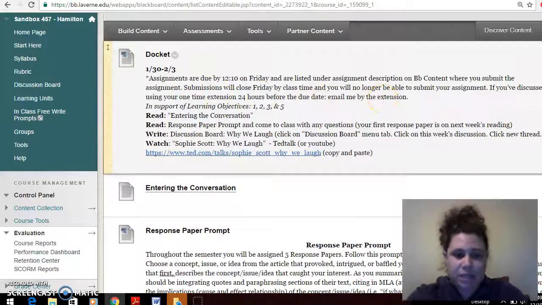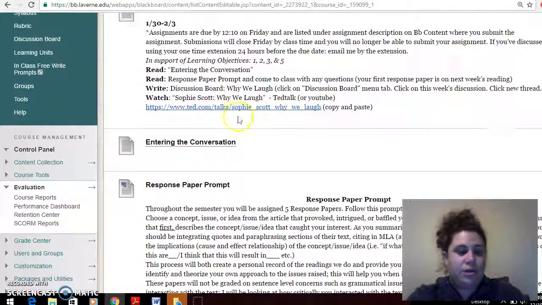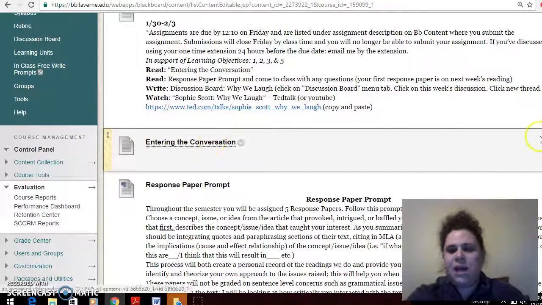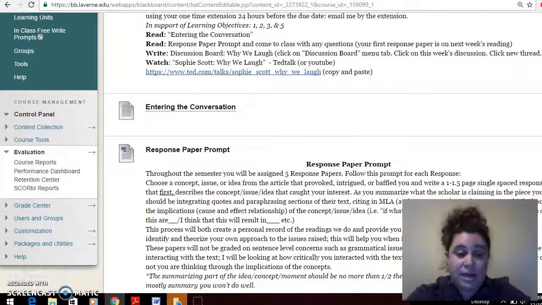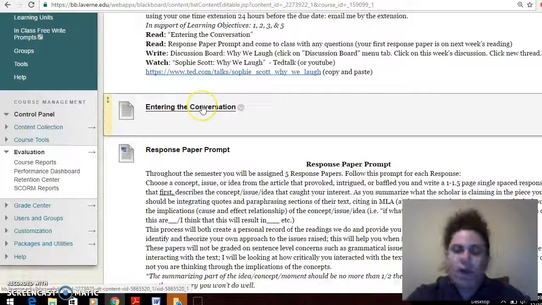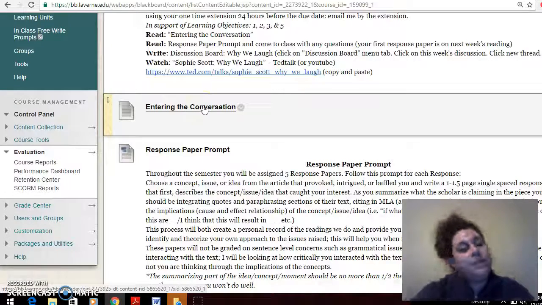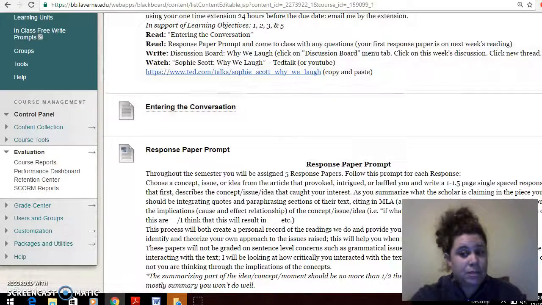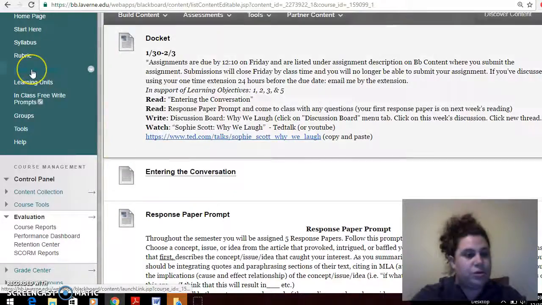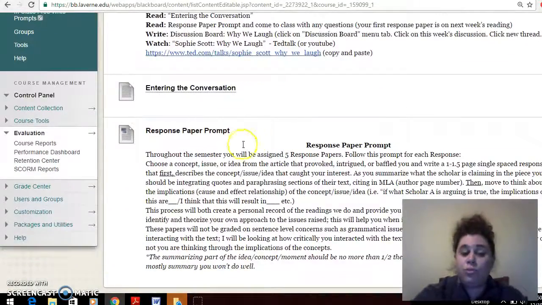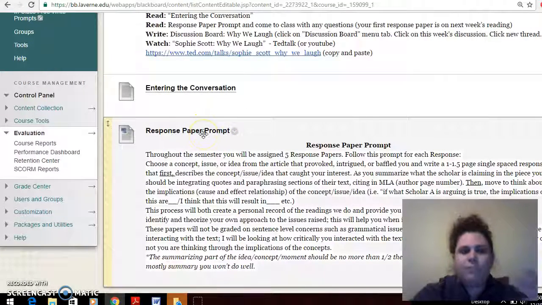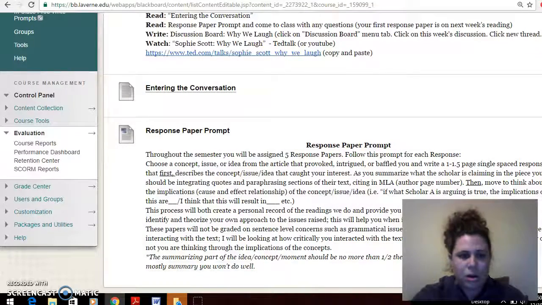All right, so we see the docket. Underneath, when you see this, it means that it is a reading uploaded for students. All materials are in each of the dockets. So anything that you need to do besides the discussion board posts, which of course you go under discussion board, is in the docket.